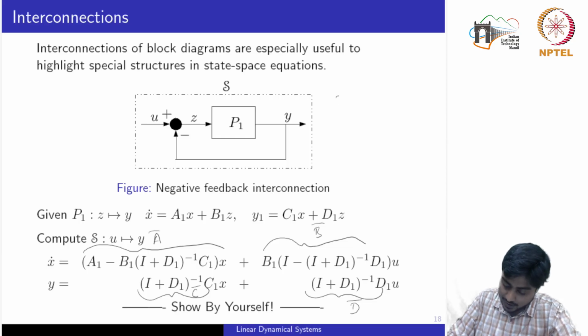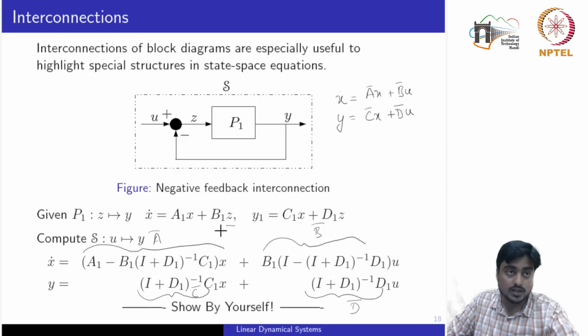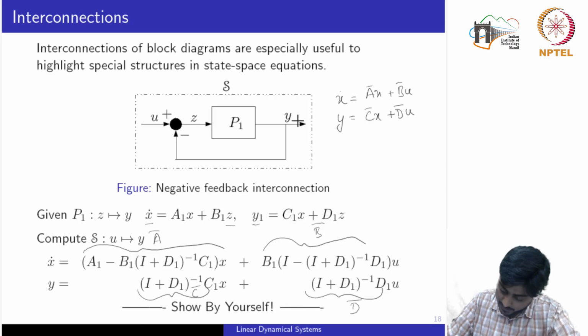So this you can write in a compact way as x dot is equal to A bar x plus B bar u, and y is equal to C bar x plus D bar u. So note that when we have represented the P1, the input is Z1, but the state remains the same, and the output we have is Y1. Okay, so here there is a minor typo. It should basically be Y, because we have denoted by Y here.